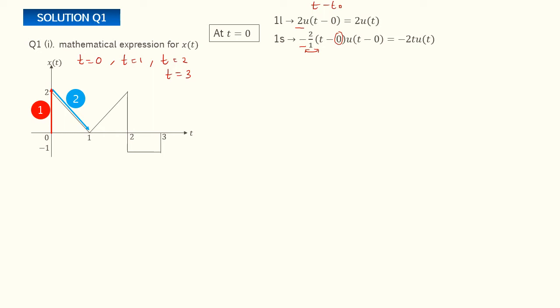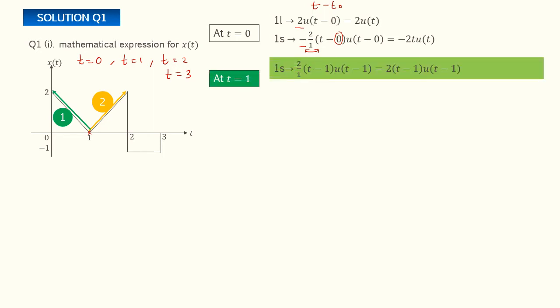Okay, let's move on to t equal to 1. At t equal to 1, you have slopes connected at this point: one slope pointing up to the left, and another slope pointing upward to the right. Let's write the equation at t equal to 1.